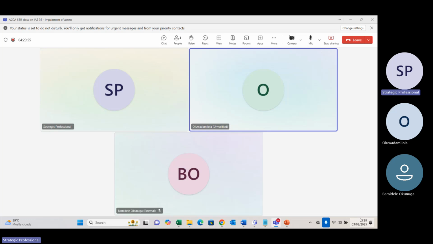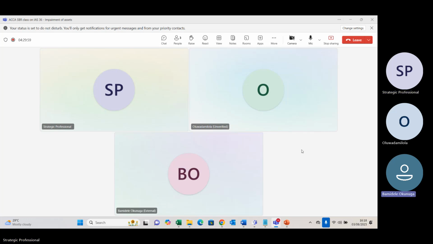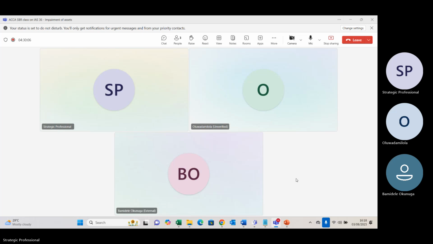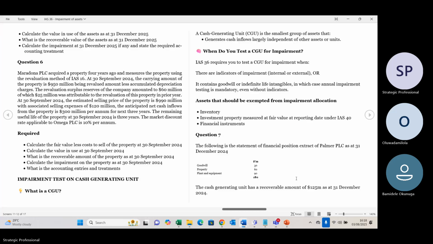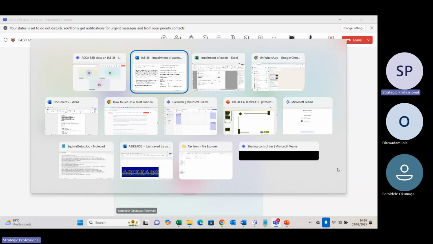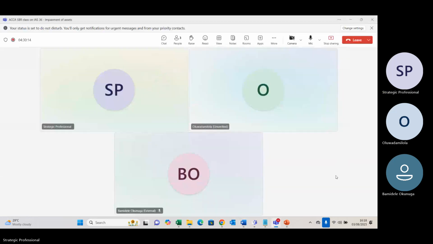The time allotted to me is 12 to 4. Yes, and we didn't start this class on time. We started around 12:30. I even thought I would finish the standard. Let's do 12:30 next week.